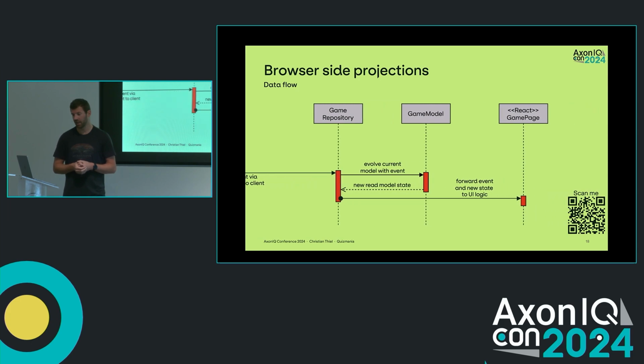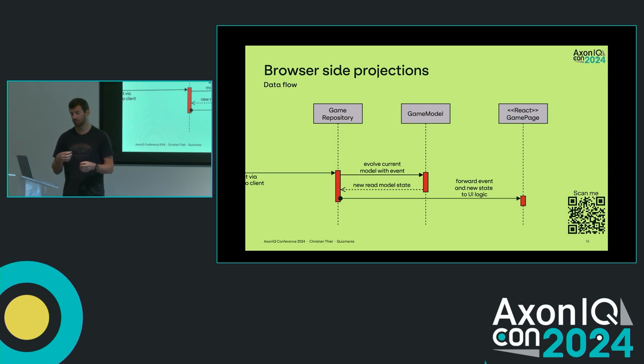And when I then have my event in the front end, I will evolve my game model. Since my front end is always subscribed to a single game, because I always play just one game at a time, I can forward this event to evolve my game model.